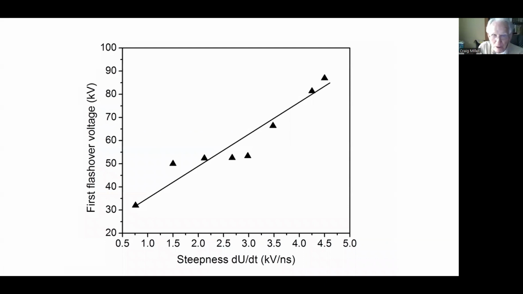The steeper the voltage, the higher the initial flashover voltage. Of course, this is not surprising because with a rapidly increasing pulse, you get to a high voltage sooner, and therefore, if you're going to have a certain delay, which is proportional to the time, it makes sense that the steeper the rise, the higher the flashover voltage.